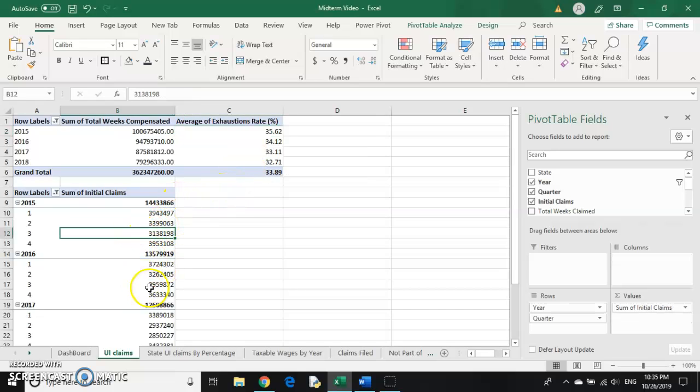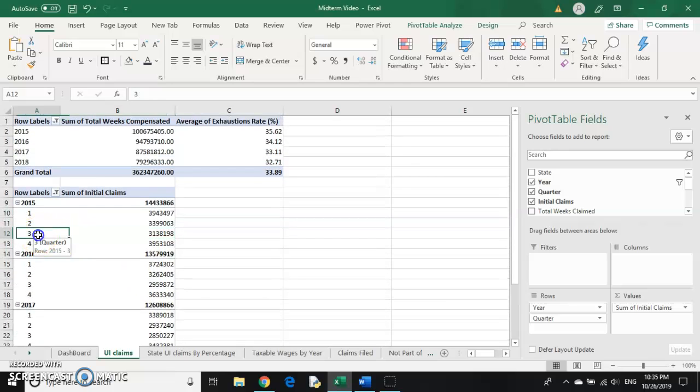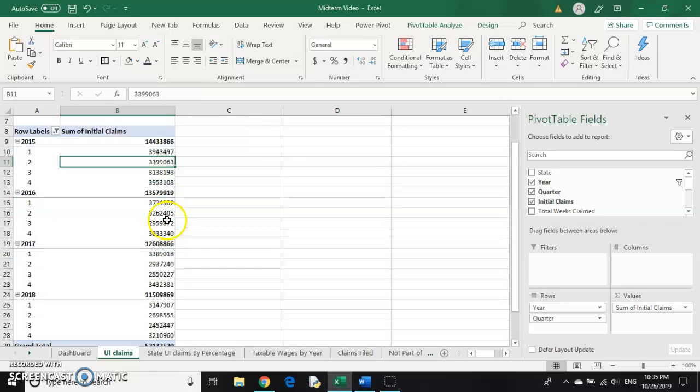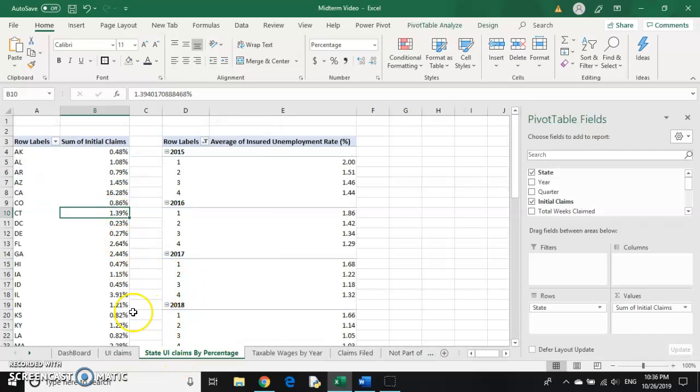The second pivot table also uses years, against the initial claims, which simply means how many claims are filed by people. And here is the state UI claims by percentage. On the left, I have the pivot table by the different states and the initial claims.